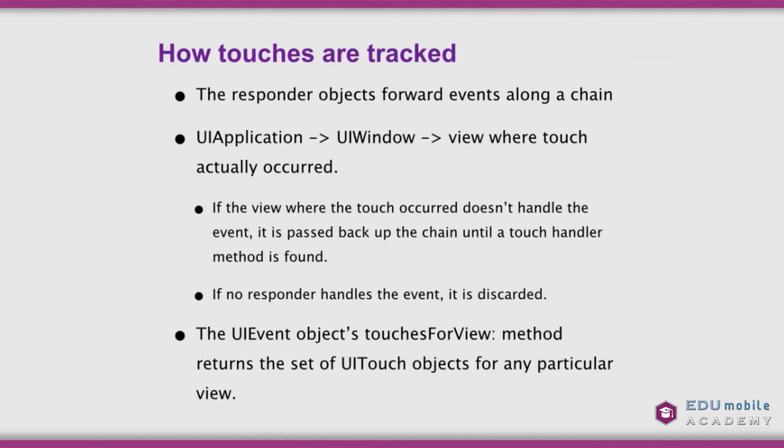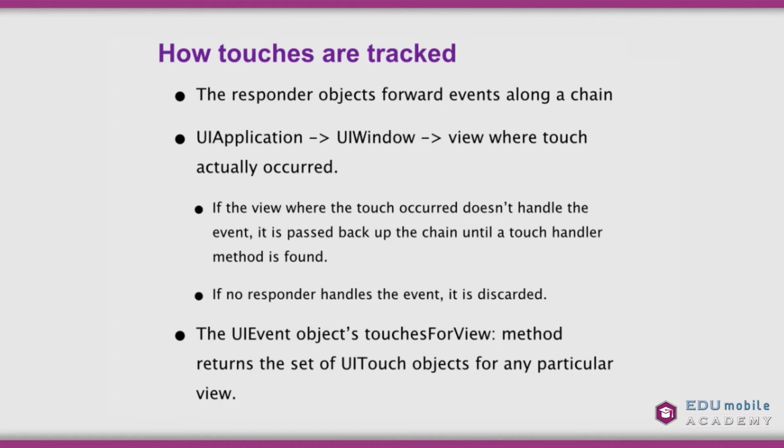Every object in your app that is a subclass or eventual subclass of UIResponder is able to respond to any touch event. The UIEvent object's touchesForView method returns the set of all the UITouch objects for any particular view.